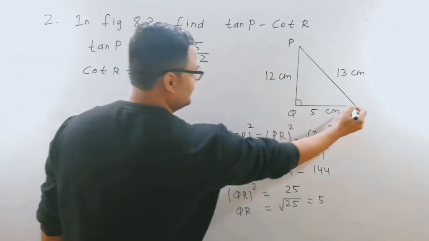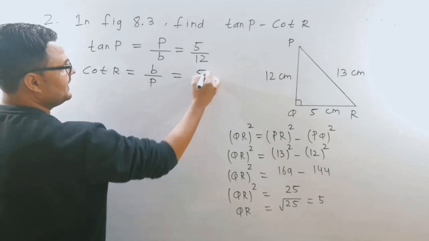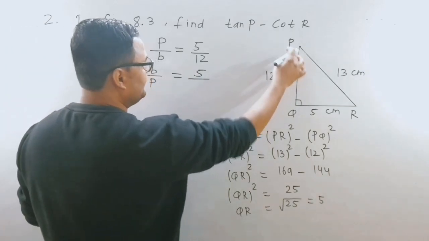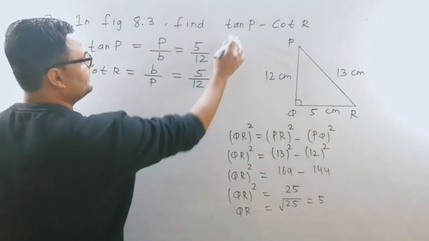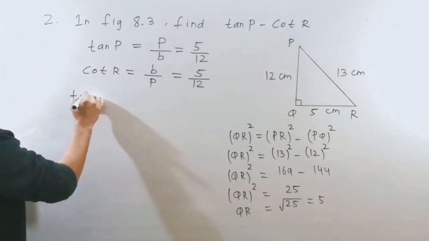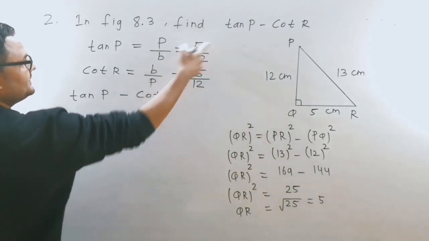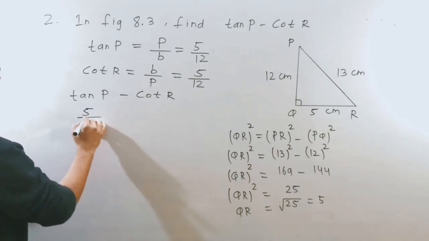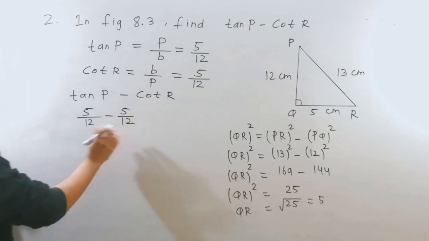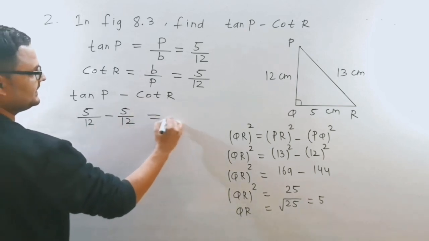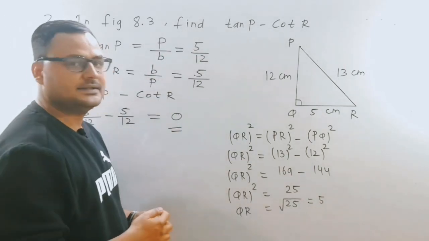For this angle R, QR is the base, so 5, divided by the perpendicular PQ, which is 12, so 5 by 12. Now tan P minus cot R is 5 by 12 minus 5 by 12. When we subtract the same number, the answer will be 0. So for the second question, the answer is 0.